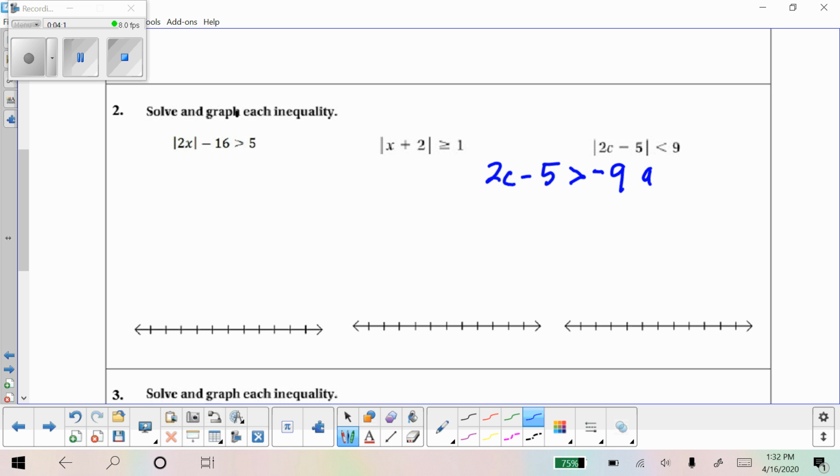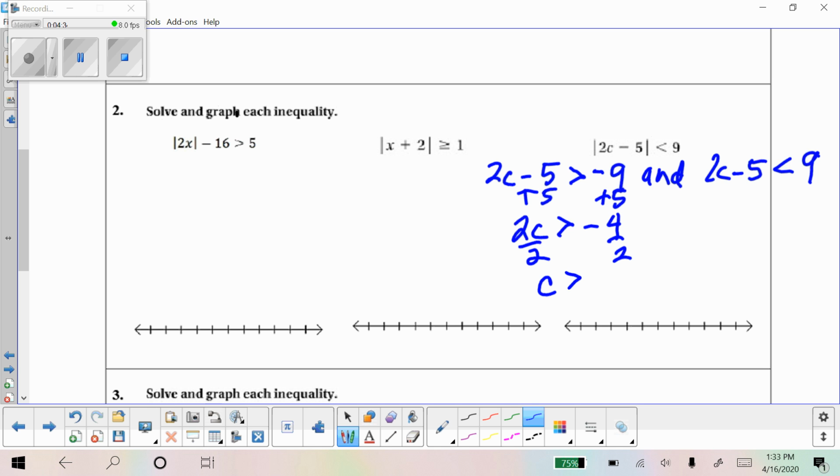This is going to be an AND. And then 2c minus 5 is less than 9, exactly the same as the way it is without the absolute value. Now we're going to add 5 to both sides on this one. That gives me 2c is greater than negative 4. Dividing by 2 gives me c is greater than negative 2.